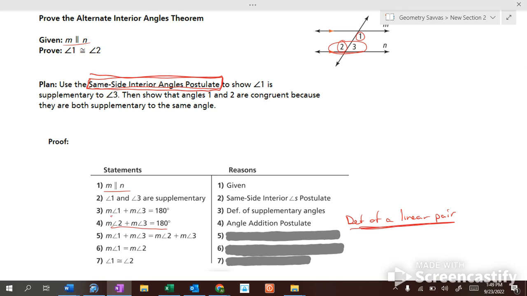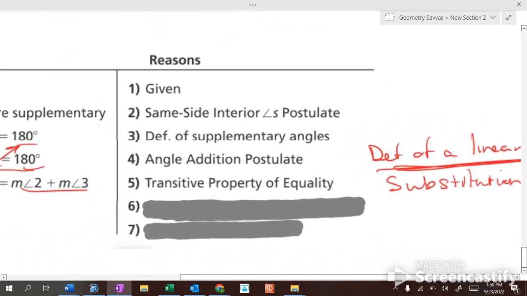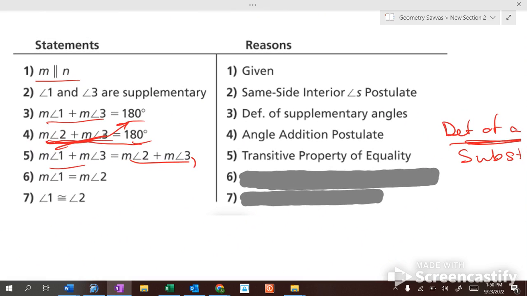Now, see how this was equal to 180. This was equal to 180. Since they're both equal to 180, they're equal to each other. That is a transitive property or substitution. So you could say transitive property, or if you said substitution, that is just fine. Because we're substituting 2 and 3 for that 180 in this. Okay? Now, how do we get from here to here? What do we do to each side of that equation?